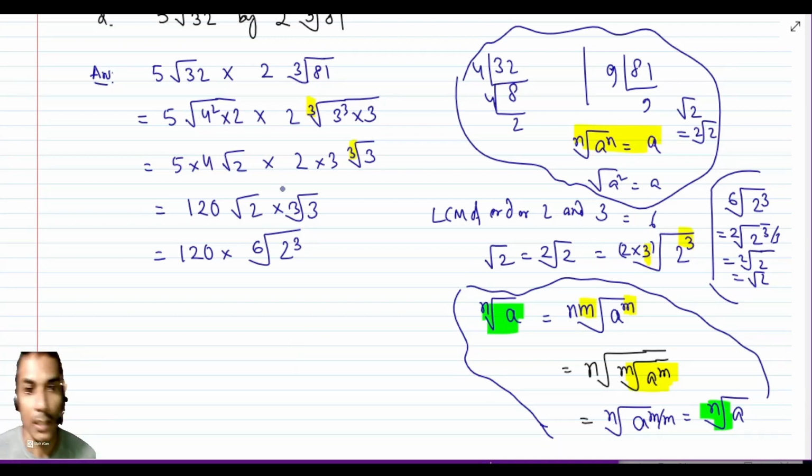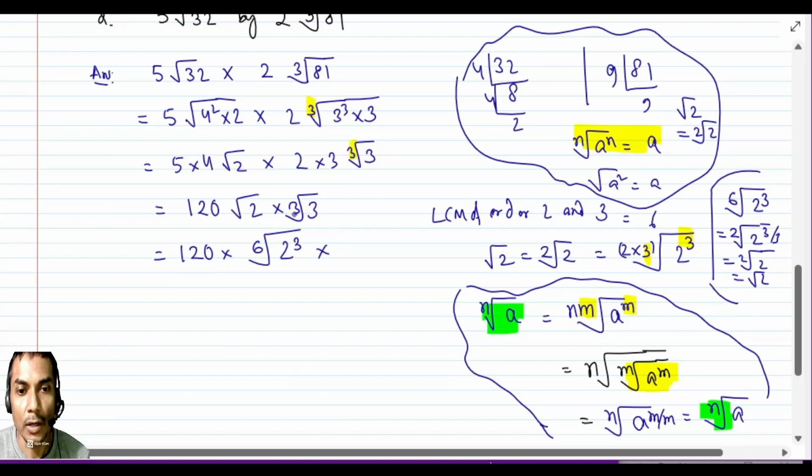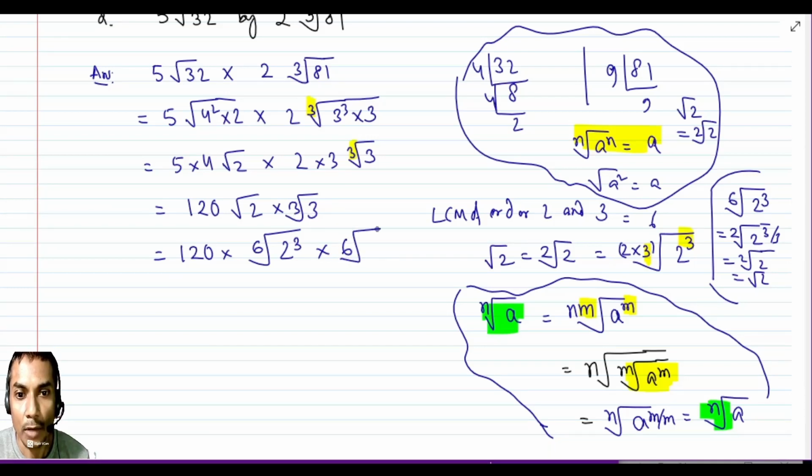Clear? So now if I put 6 here in root 3, then what you have to do, I already told you, whatever extra value you multiply, you just put inside as an exponent. So it will be what? 3, how many do you multiply here? 2.